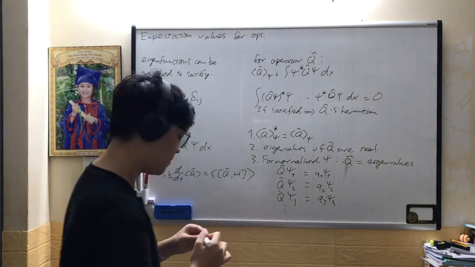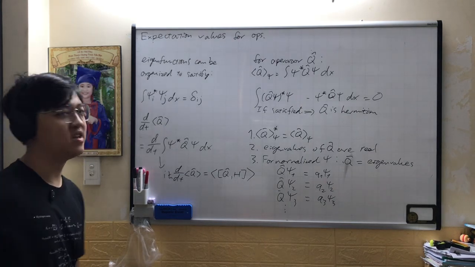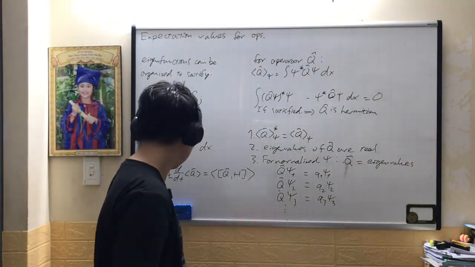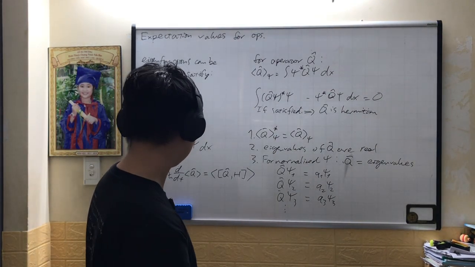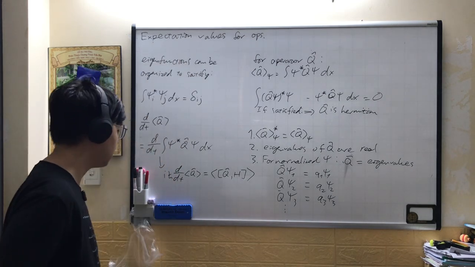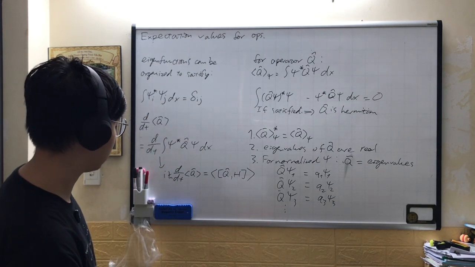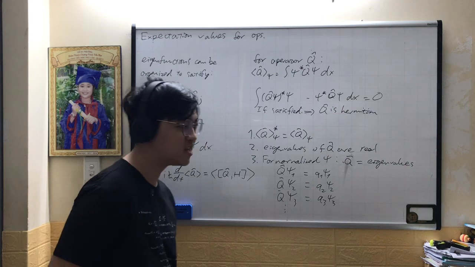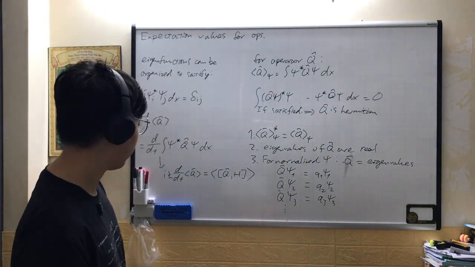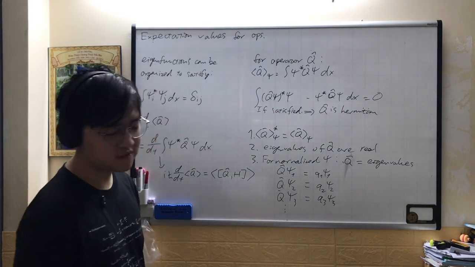There we go. This is called the Ehrenfest theorem. You can prove it, it's not quite long. The Ehrenfest theorem is basically a means for you to test the time dependence of your expectation value.